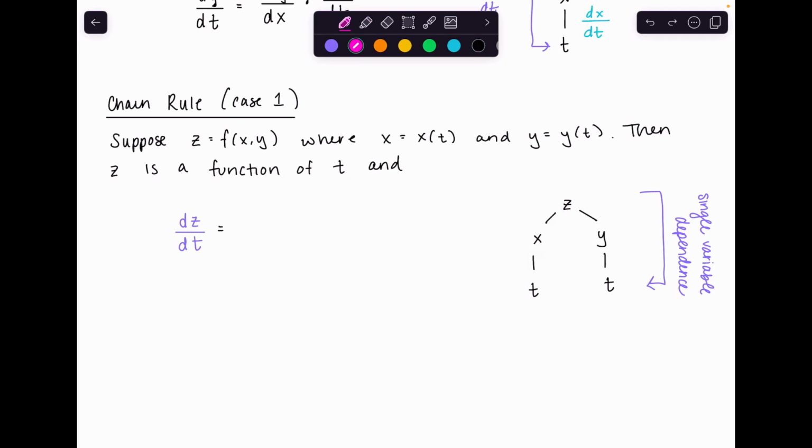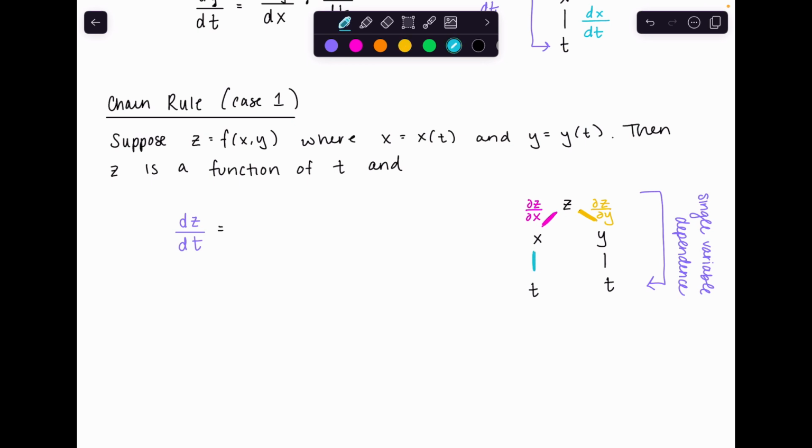So for this first branch right here, because this layer is multivariable, this first branch is the partial of z with respect to x. While over here, same thing, because that second layer from z to x and y has that multivariable dependence, this branch is the partial of z with respect to y. Okay.